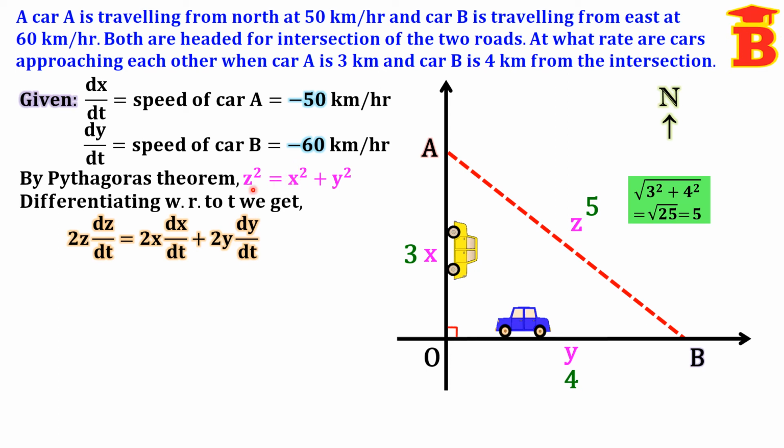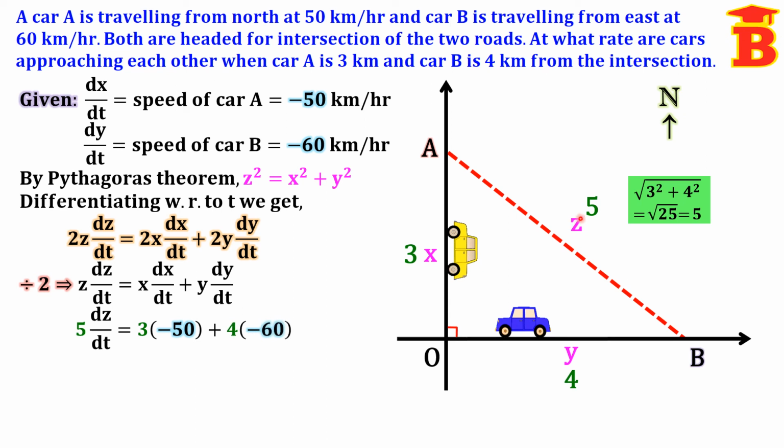So x square differentiation is 2x into dx by dt plus y square differentiation is 2y into dy by dt. Next step, since 2 is common, we can divide by 2. So cancel 2 here, we get z into dz by dt equal to x into dx by dt plus y into dy by dt. Now substitute the values.